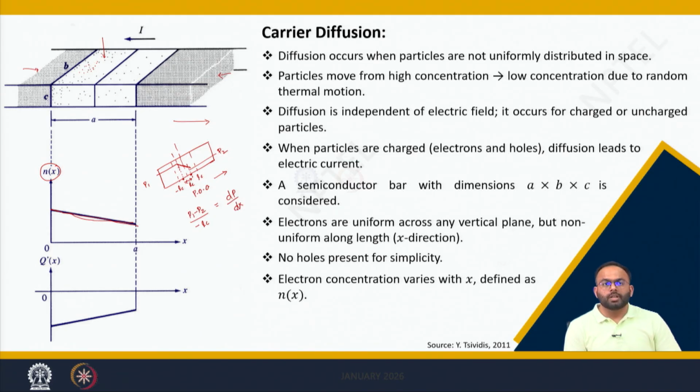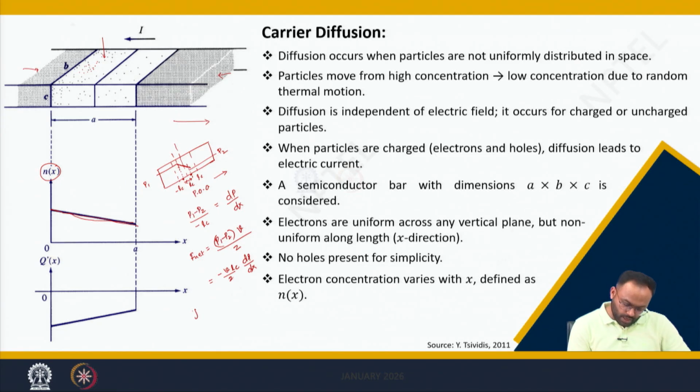This will give me the concentration gradient, and now I will go back and put it in my equation that F net is nothing but P1 minus P2 into V divided by 2. So P1 minus P2 can be written as minus V by 2 into LC into dP by dx.